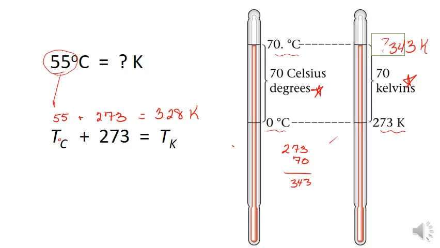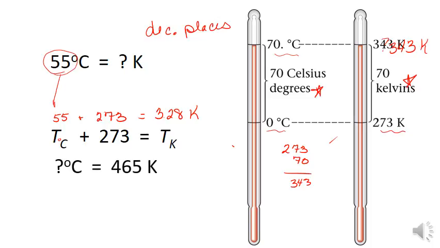We are adding. For significant figures, when you add and subtract, what do you look at? Decimal places. So for a Celsius to Kelvin or Kelvin to Celsius, you do need to watch your decimal places.